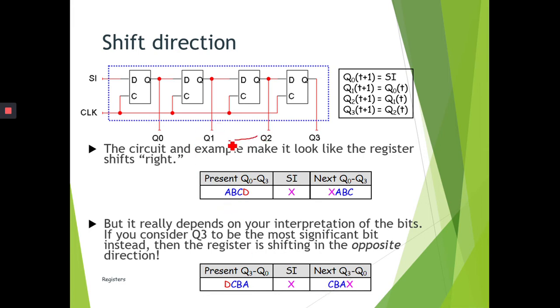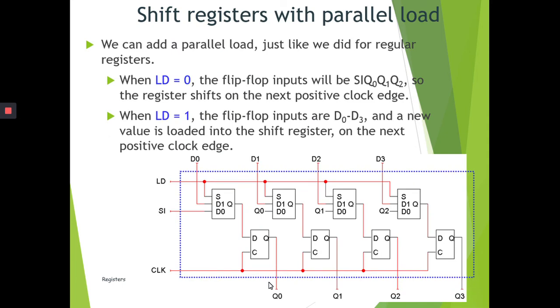So basically, the same circuitry can be used for both shift left and shift right, but it really depends on how you want to interpret the data. If you want to interpret it as shifting to the right, then you present the data like this example here. If you want it shifting in the opposite direction, you just change the representation of the data.